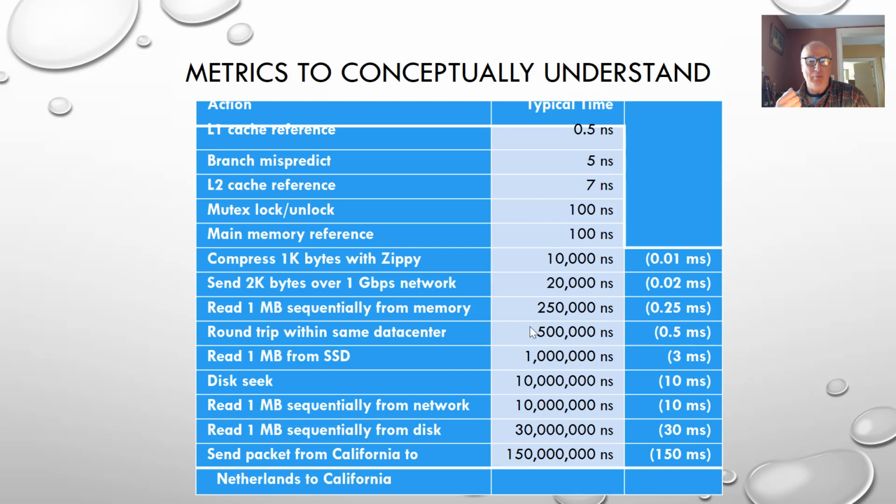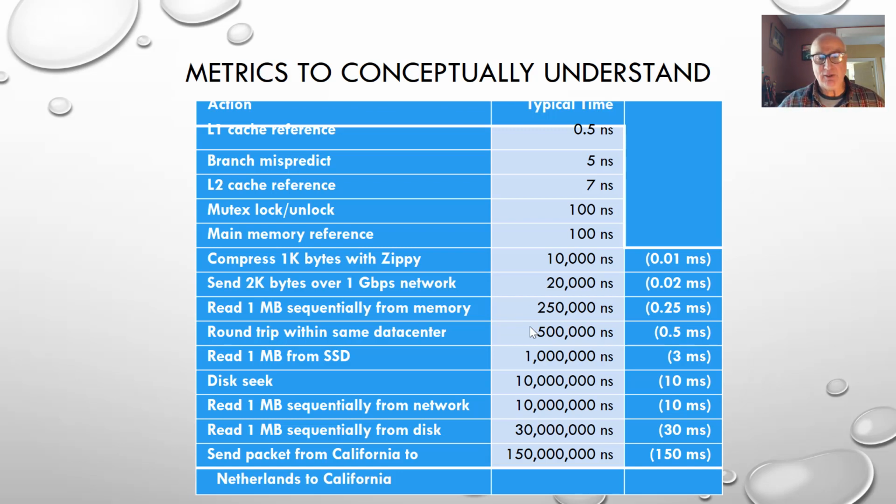And then a main memory reference, a reference that goes to RAM, it's 100 nanoseconds. So, that's really, really, really fast. But, you just need to keep track of this stuff. Round trip within the same data center, 500,000 nanoseconds, or half a millisecond.